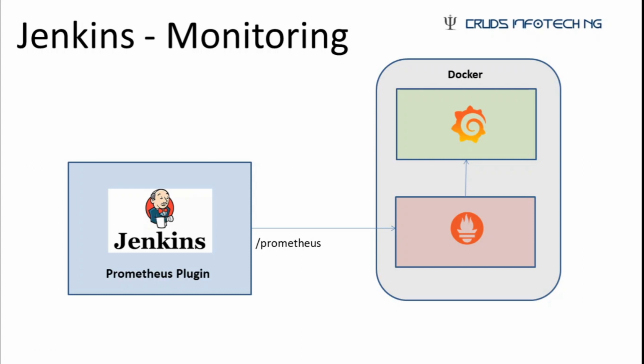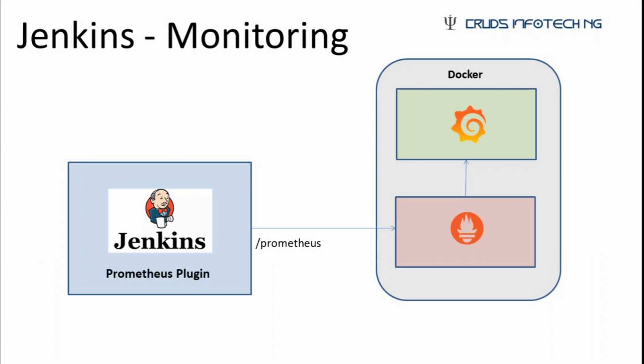Now I would need some mechanism by which my Prometheus can gather data that is given out by my local Jenkins instance. But since my Jenkins is running locally on localhost within my local network, it won't by default be available to the Prometheus container that is running on Google Cloud.